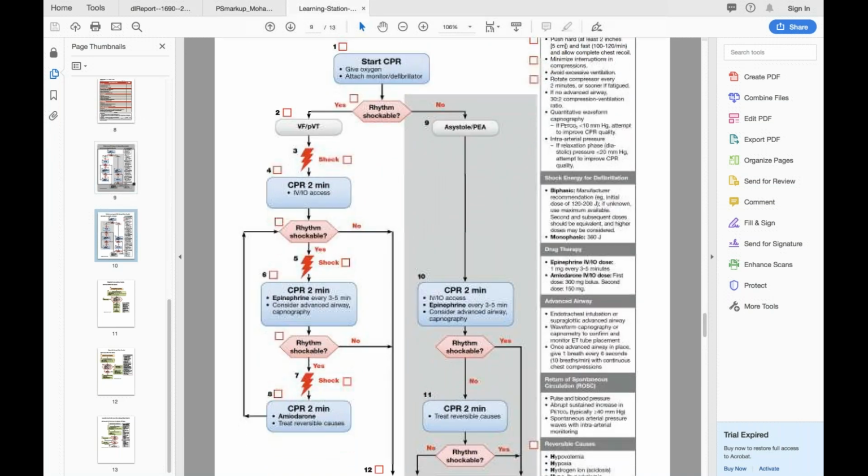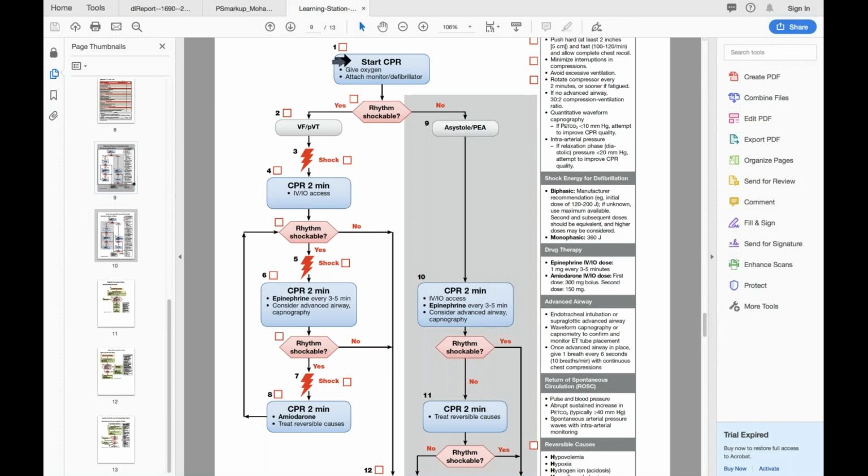Basically, a patient who arrests in front of you, as we learned before, the first thing we will start is BLS, basic life support.